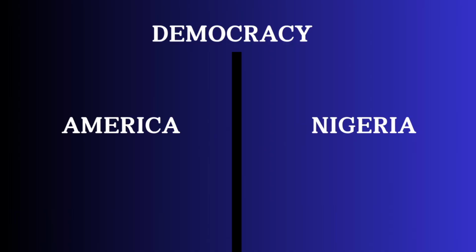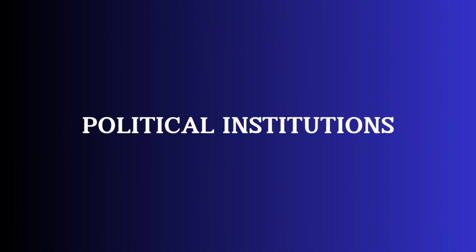So this aspect of comparative politics allows us to examine all the various ways that these governments tend to carry out their operation and how they tend to function. For example, we can compare the democracy of the United States of America and that of Nigeria, or even compare different political systems across the world. This helps us to explain how a particular political system tends to succeed in a particular country and yet fail in another.